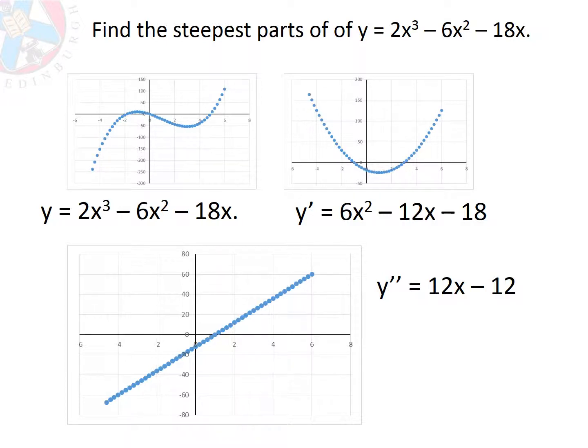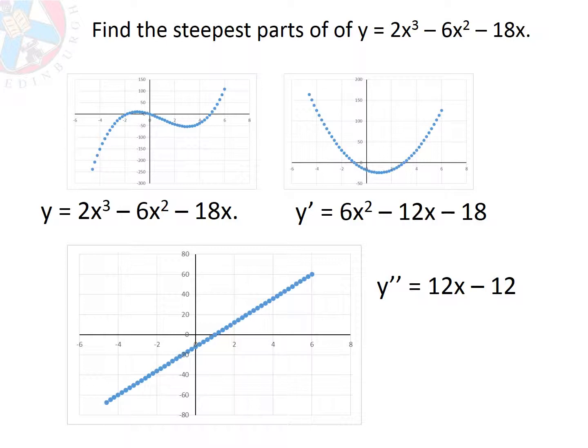Happy campers. 12x just becomes 12, or 12 times x to the power of 0, which is 1. And then minus 18 just disappears. Magically goes away. So this gives us the equation 12x minus 12.